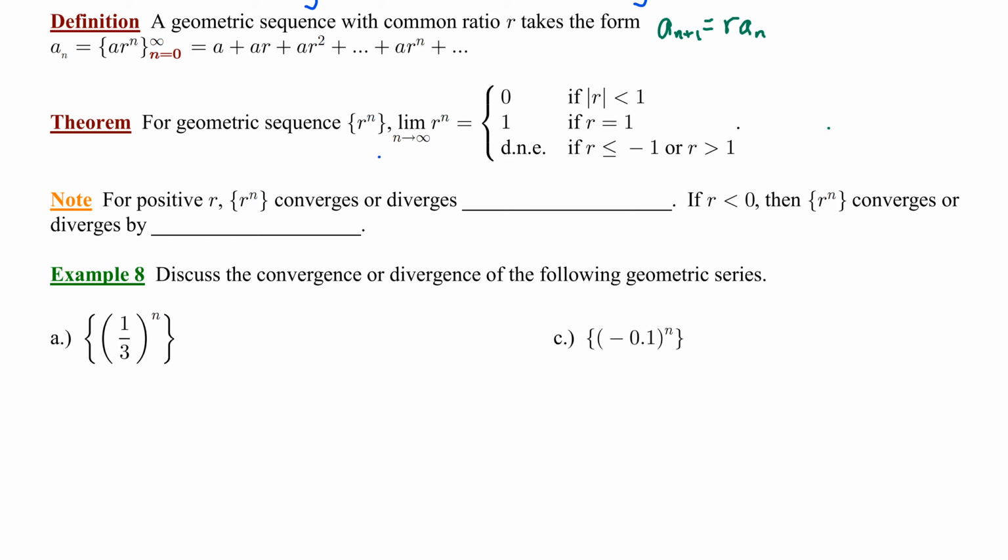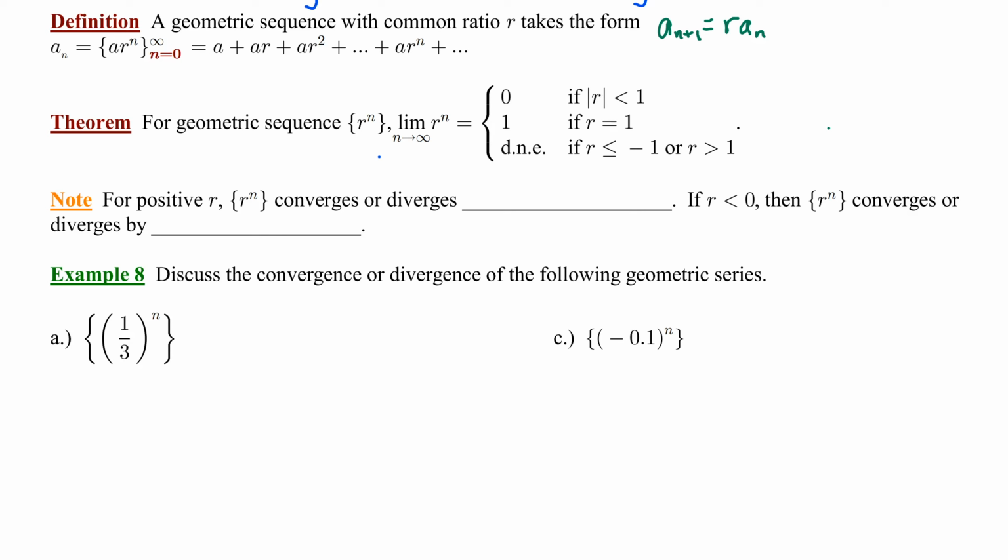To determine the convergence of the geometric sequence, the following theorem will be helpful. For geometric sequence r to the nth power, the limit as n approaches infinity of r to the nth power is 0 if the absolute value of the base, r, is less than 1.